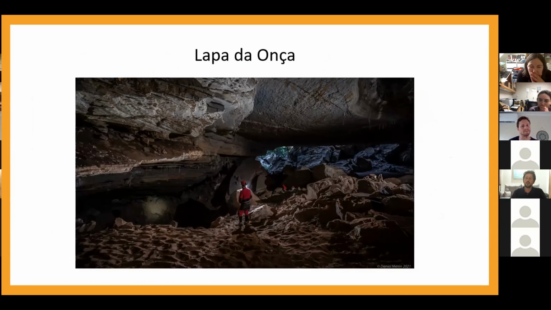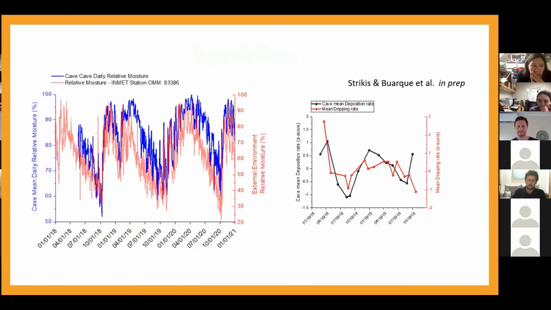So we use this well-ventilated cave, sampling speleothems here close to the cave entrance. Here we can see in blue variations in temperature and relative moisture of the cave, and in red variation in the relative moisture monitored in meteorological stations close to the cave. And we see that the atmosphere of the cave is in perfect equilibrium with the atmosphere outside of the cave.